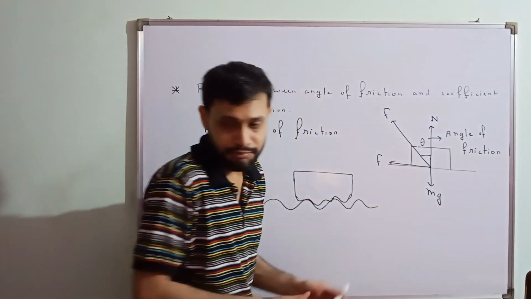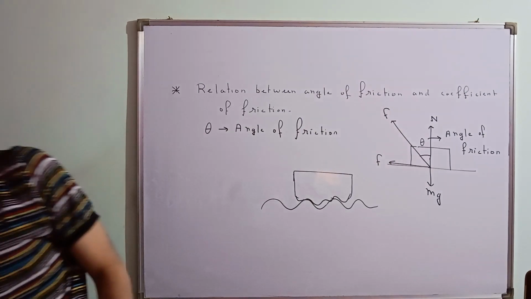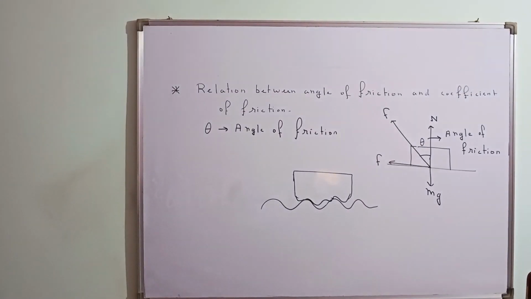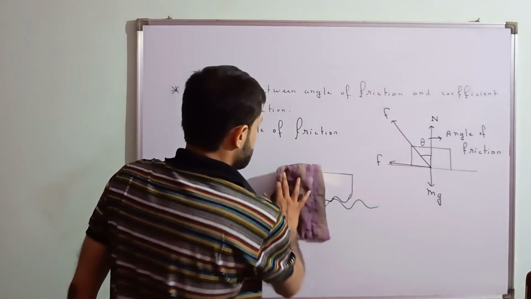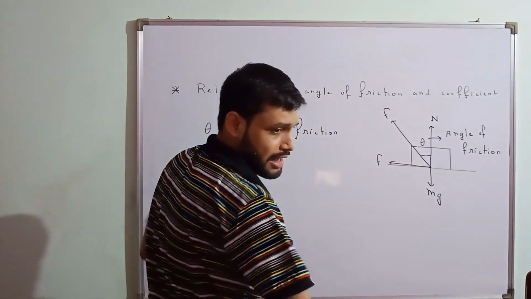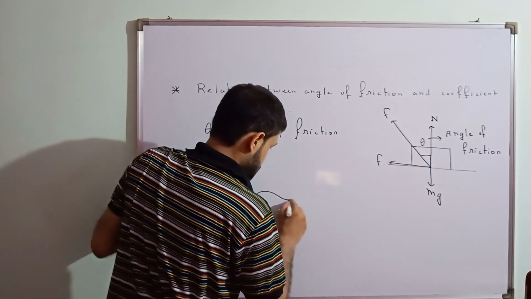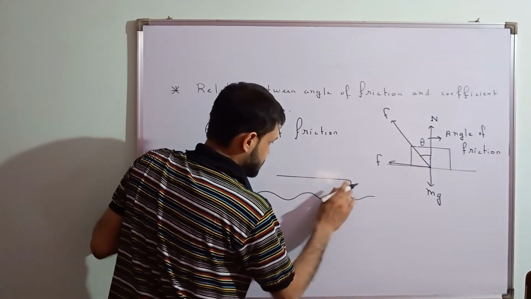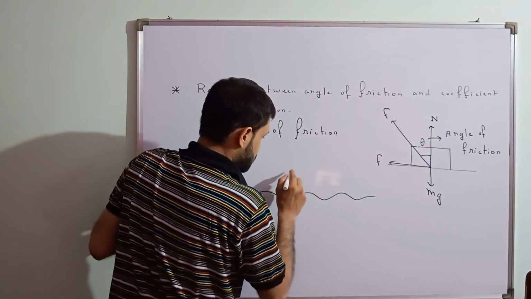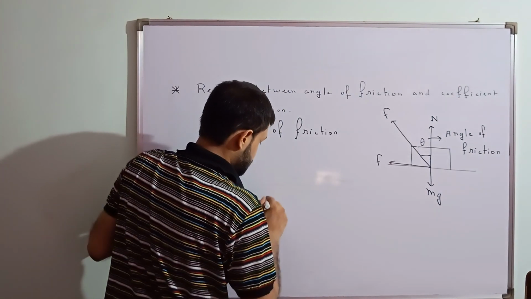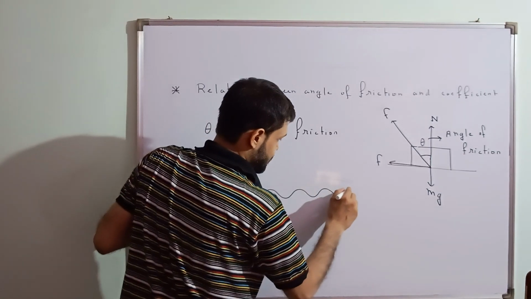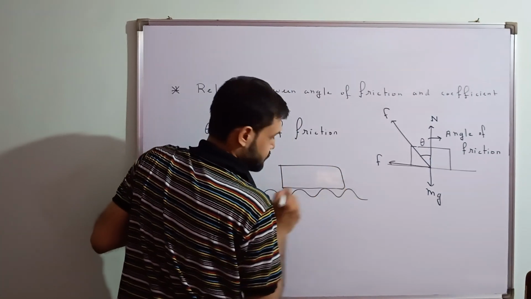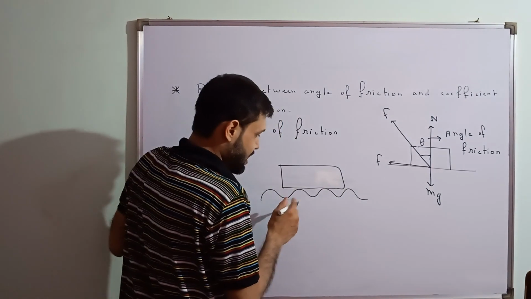Let me draw it one more time. There are irregularities between these surfaces like this. When they are having irregularities, anything which is kept over here, suppose an object is kept over here, let me not draw the irregularities on this surface because it is causing a little confusion. Let's take an object like this kept over here. Now what will happen?